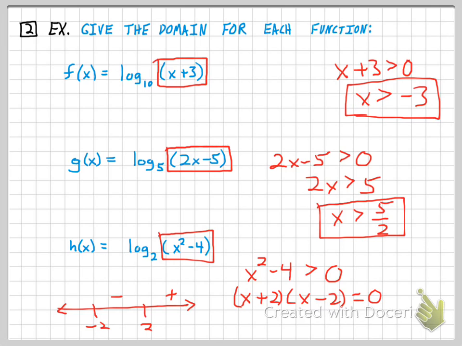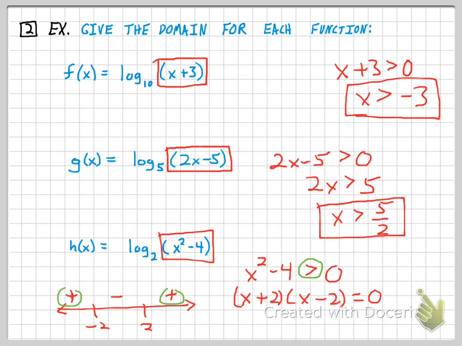And anything left of negative 2, like negative 3, is going to give me a negative times a negative, which is a positive. So this is a little sign chart for this equation. I'm looking specifically for when the function is greater than 0, and so my answer should be these positive parts.